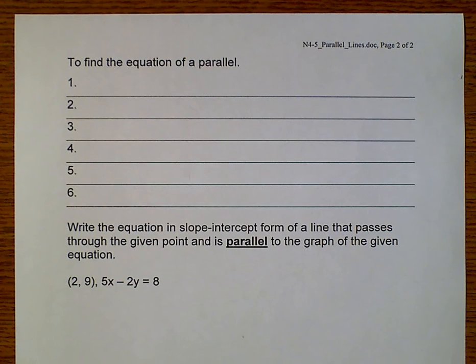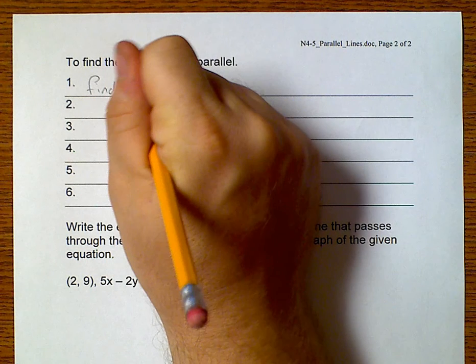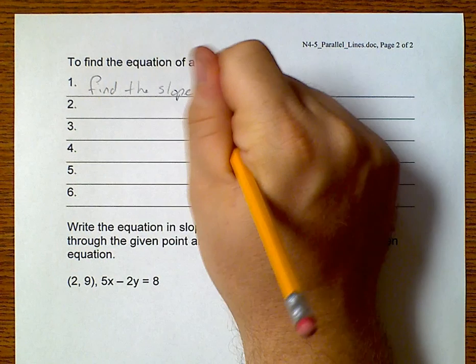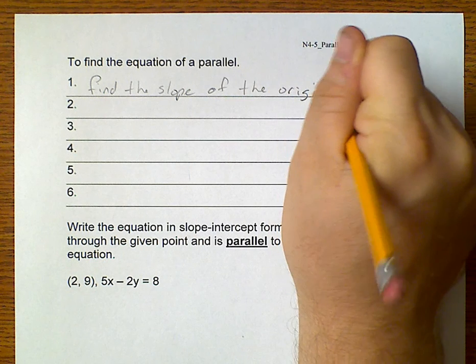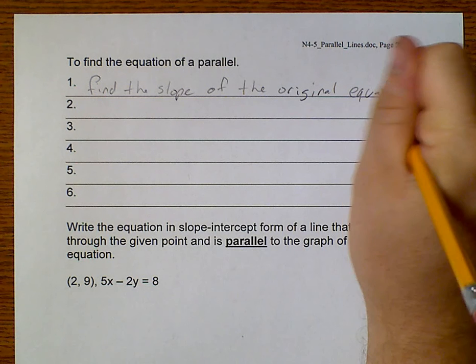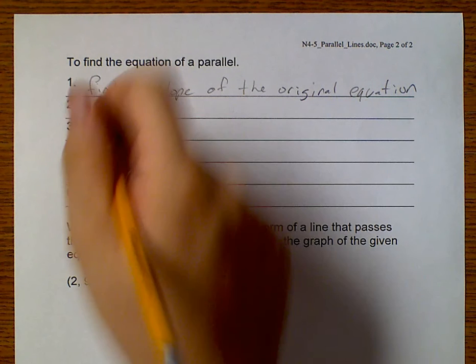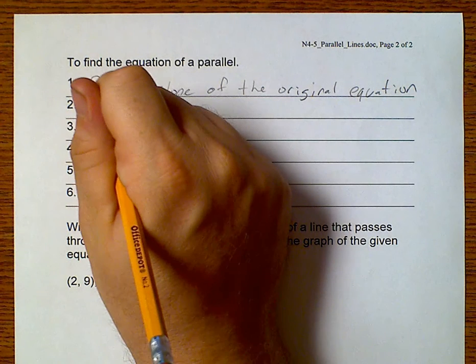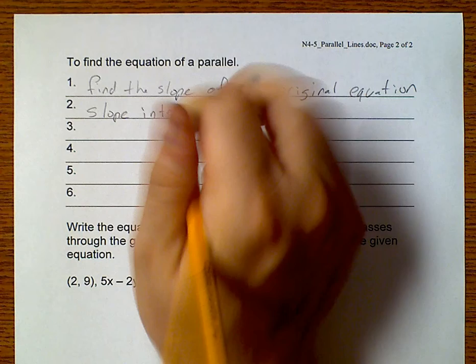So to find the equation of a parallel, first thing is you need to find the slope of the original equation. Next, you use, sorry, not slope intercept.